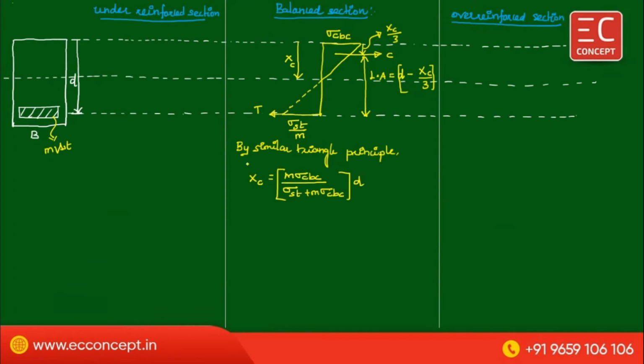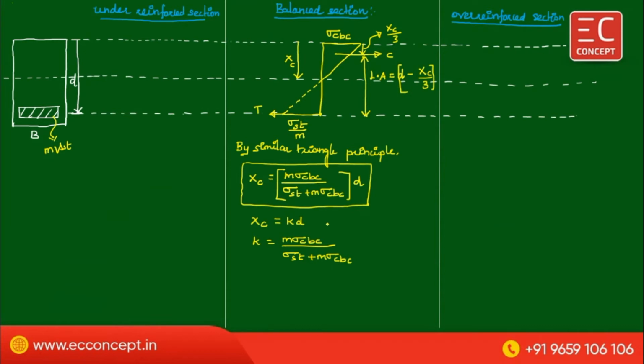Very, very important formula. This is the first formula. This is the critical neutral axis. Also, we can write XC is equal to K into D, where K is equal to M sigma CBC divided by sigma ST plus M into sigma CBC.